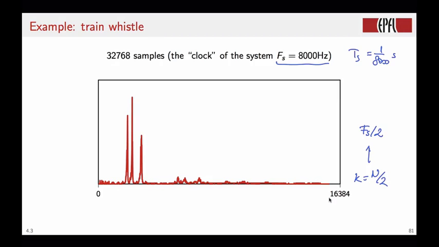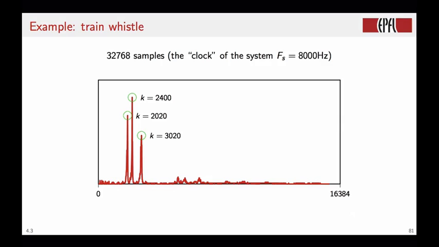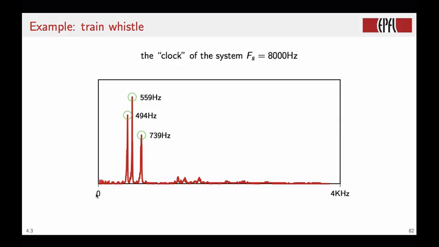So here indeed we have the midpoint of the DFT vector, and therefore this will correspond to a frequency of 4 kHz. We also have 3 peaks that take place for different values of k. To find the real frequency there, we just apply a linear mapping from 0 to 4 kHz, and so the frequency of any intermediate point will be 4 kHz divided by the total number of points multiplied by the index k.